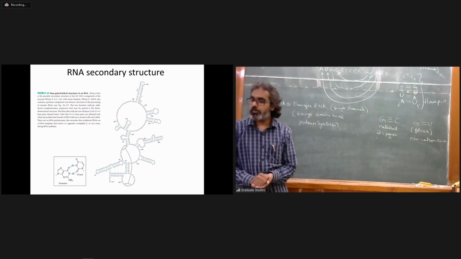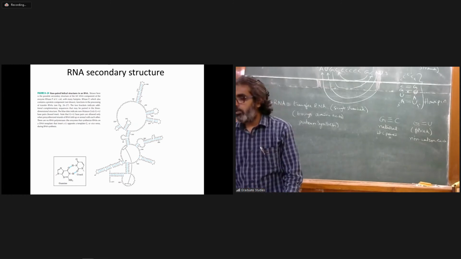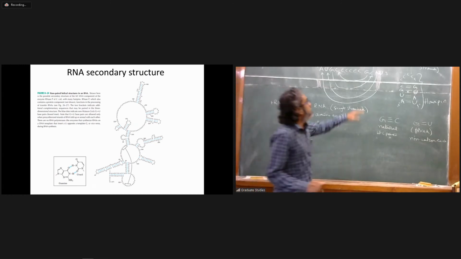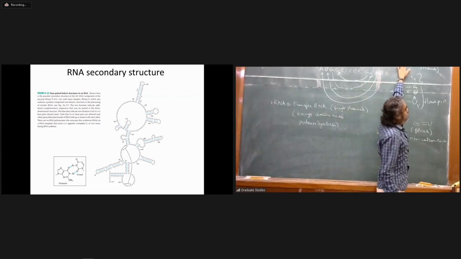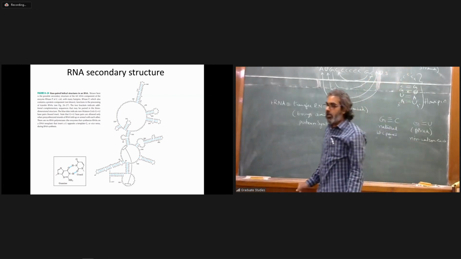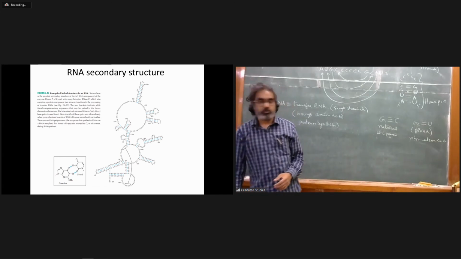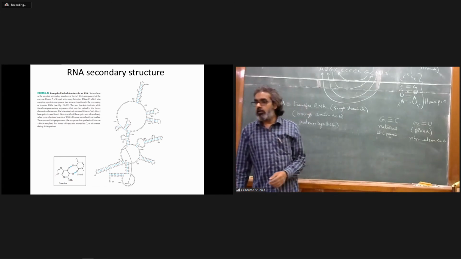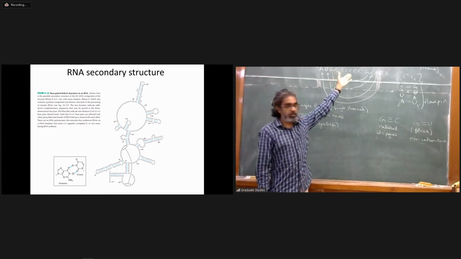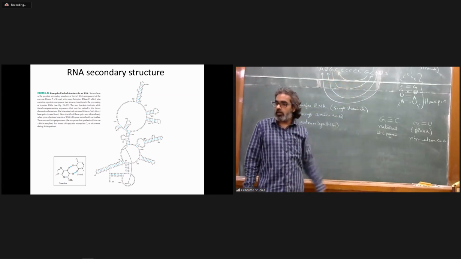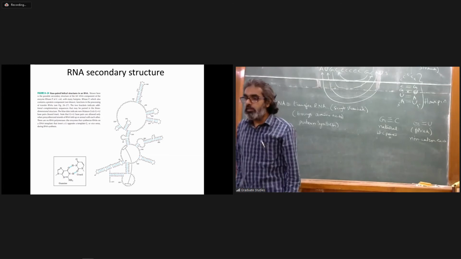You don't have to copy the complementary strand, so you won't have the complementary strand synthesized. Of course, if we have a complementary strand, then obviously it will form a nice double-stranded RNA. But you won't have a complementary strand at all. RNAs don't have complementary strands.